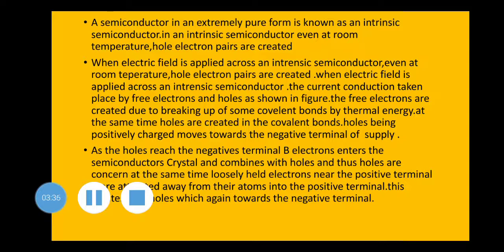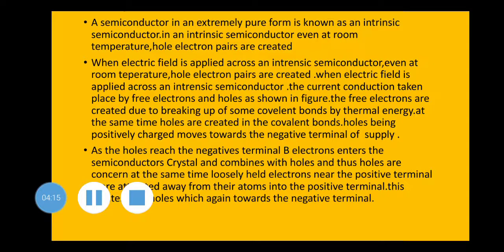Even at room temperature, for example 25 degrees Celsius, 22 degrees Celsius, 28 degrees Celsius, like that. When an electric field is applied across an intrinsic semiconductor, the current conduction takes place by free electrons and holes as shown in figure.